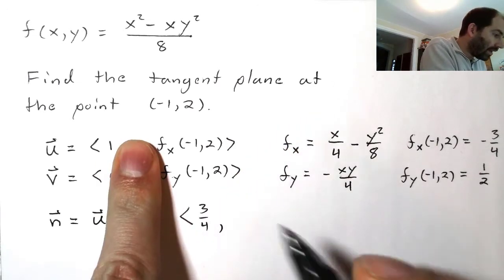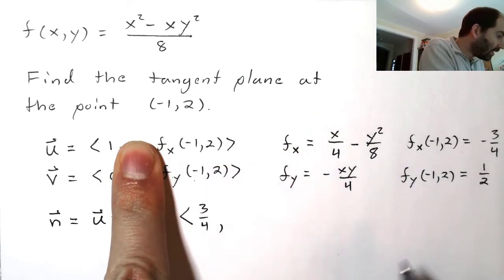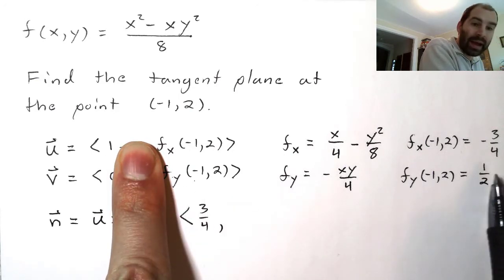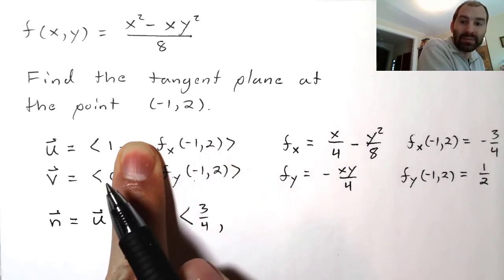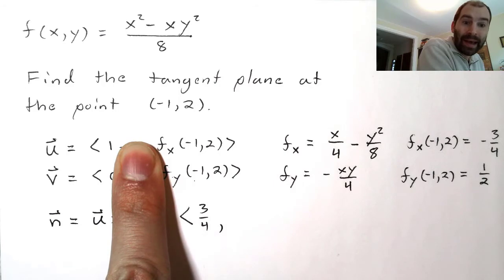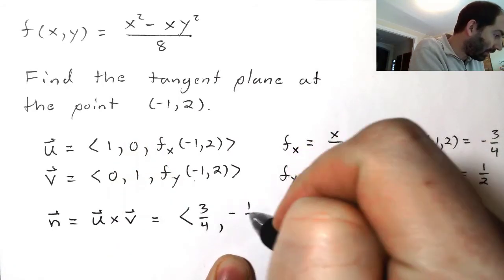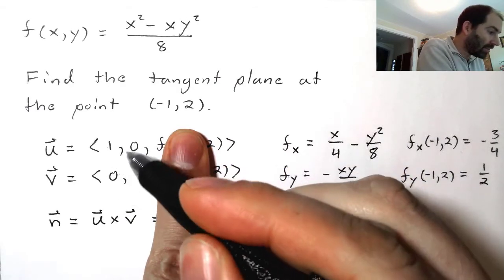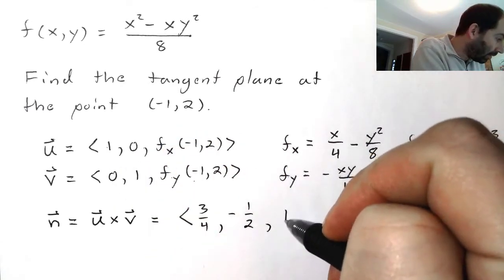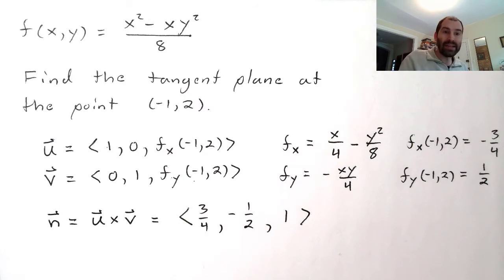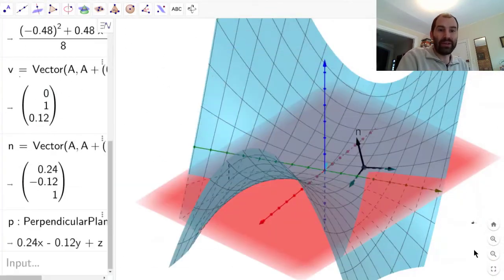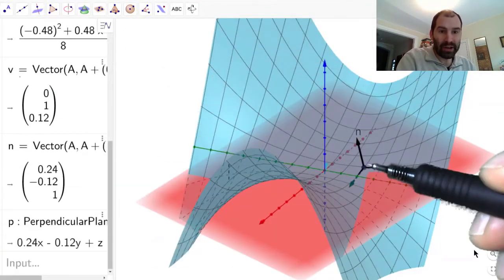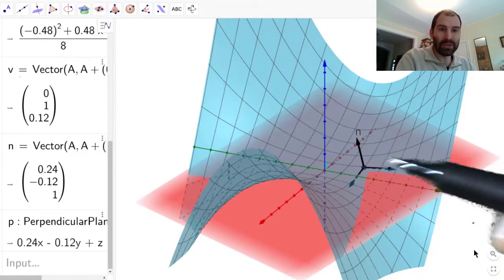Then I take this times this, that's 1 times a half, minus this times this, that's 0, and I negate that. So it's going to be -1/2. And then finally, for the third component, I take this times this minus this times this. That's 1. That is the normal vector, and that is the vector that we're seeing right here. That's what we just computed.